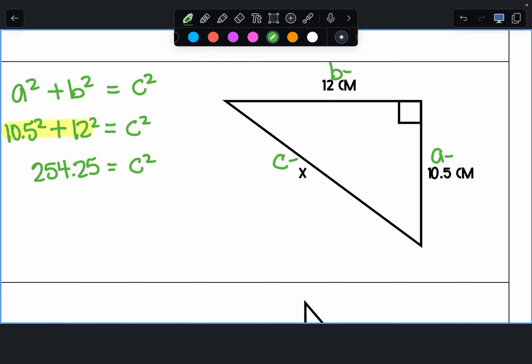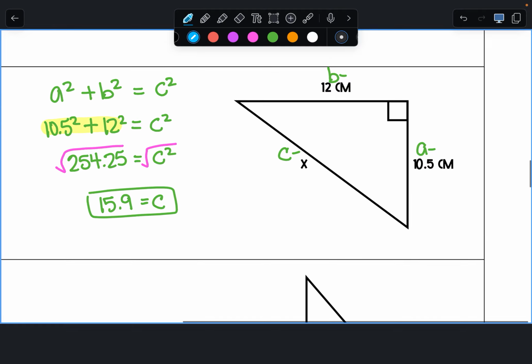Are we done? What do we do? Yep, still need to take the square root because we need to take the squared off of C. When you do, what do you get? 15 point, yeah. Questions? Okay.